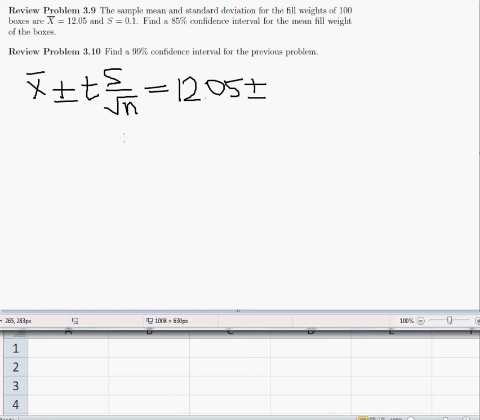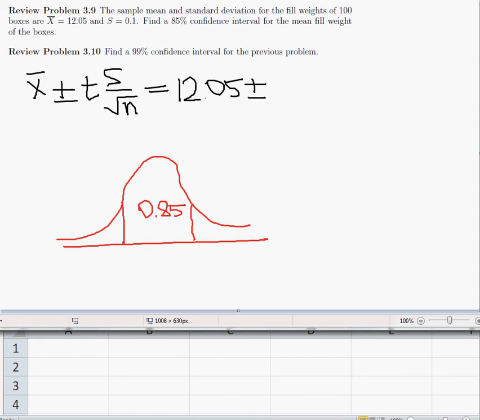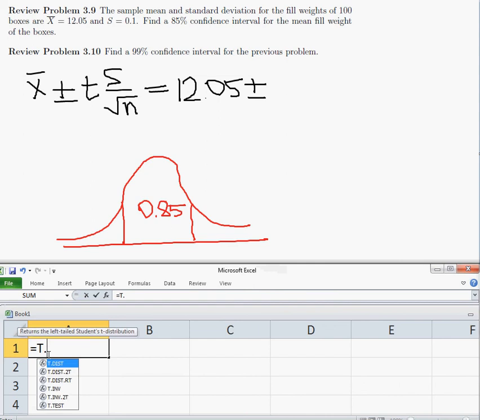t. Okay, for the t distribution, let me draw the picture down here at the bottom. We need to figure out the value so that 85% of the area lies in the middle. And so that can be done in Excel by using t.inv.2t 0.15 with we have 100 boxes, so that means 99 degrees of freedom.